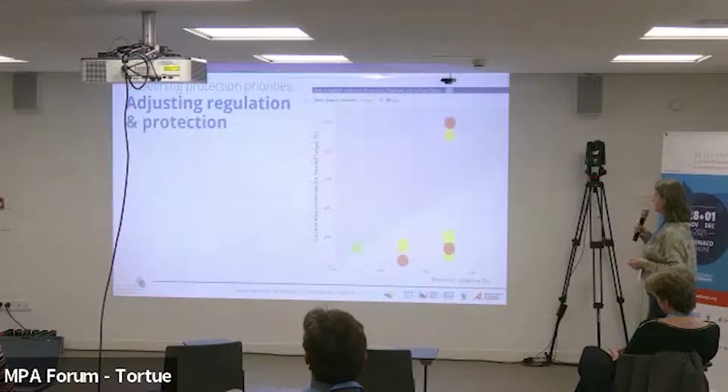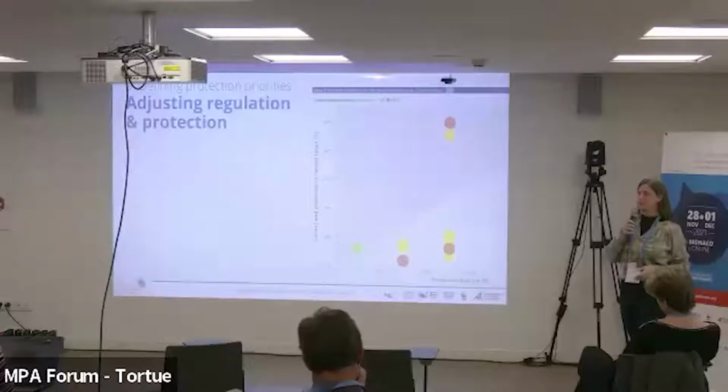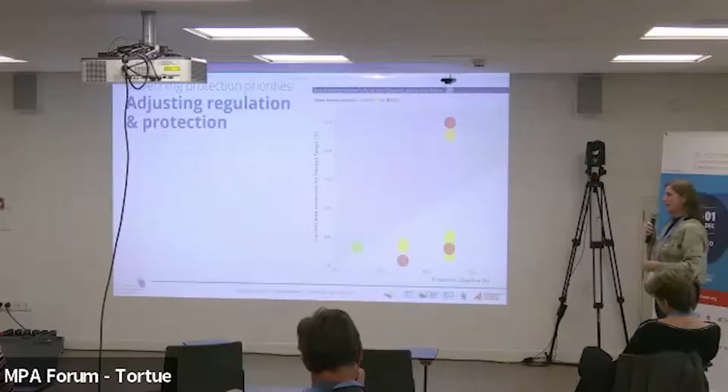So I wanted to show you this slide here to see again how we can use the dashboard in helping us set priorities, and this one for regulation. So what you see on the graph here is a number of nested targets. That's the dots. Their color represents their status. The diagonal line where it's gray above shows that if it lies up in the gray area, the protection objective for that nested target has been reached, and if it lies below, it has not.